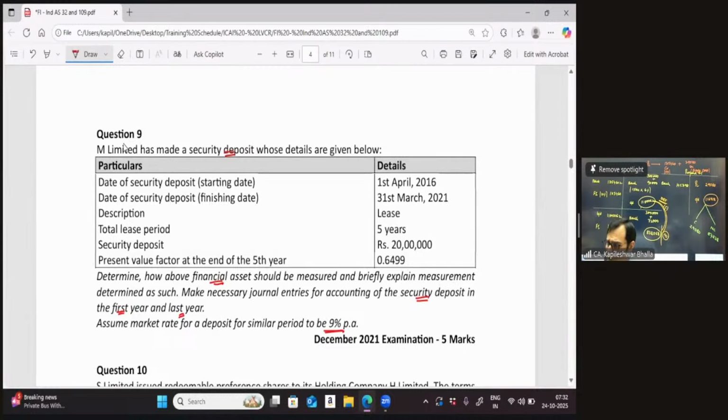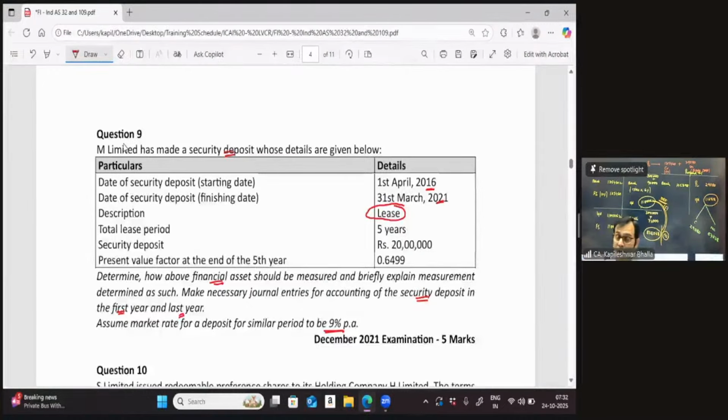Okay, now let's read the inputs in the question. The company M made a security deposit and we are given the starting date is April 16 and the ending date is 21. So it's a deposit of 5 years and the deposit is made in connection with the lease.